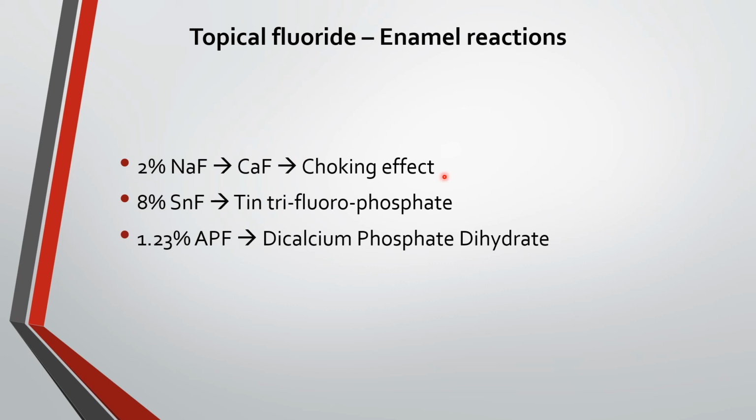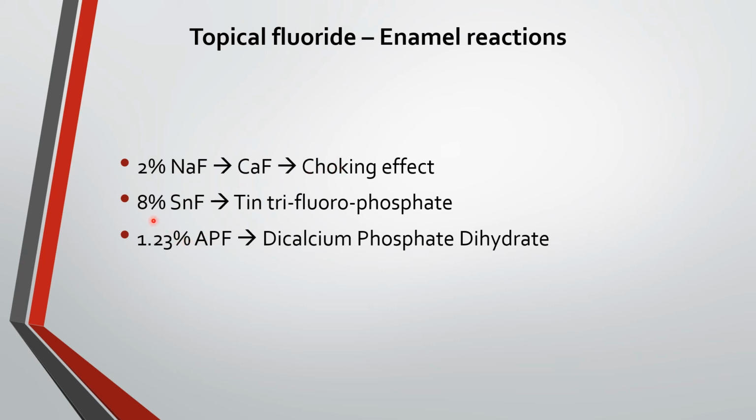So 4 minutes is enough for formation of calcium fluoride, and after 4 minutes there is no point applying. This calcium fluoride acts as a reservoir, and it stays in the plaque, and whenever there is a drop in the pH, the fluoride is released from calcium fluoride to form hydroxyapatite. So that is how it works.